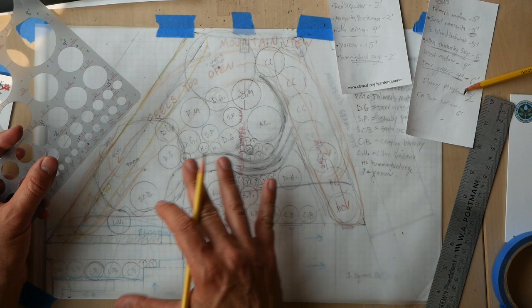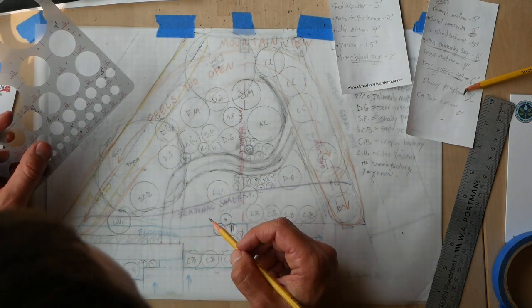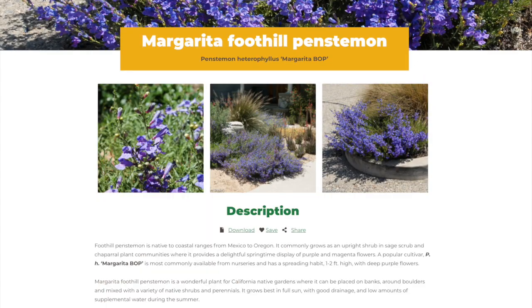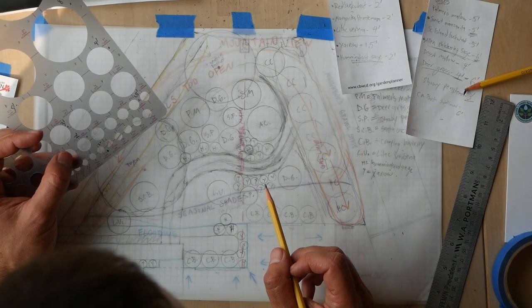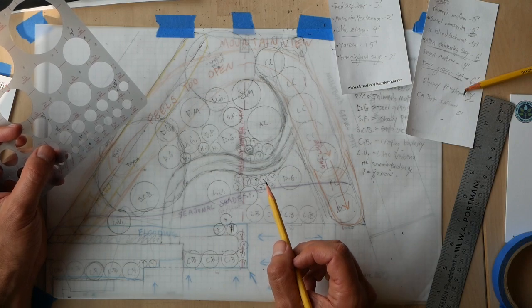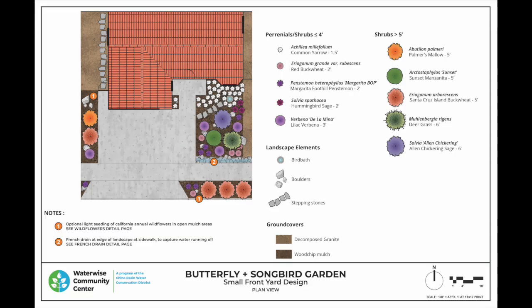We'll infill more of this, but let's get some of our other plant diversity going as well. So we have red buckwheat and margarita bop penstemon, and both of those can be used well if you look through the examples. Sometimes in the examples and the templates we use them in groups of 3, which creates a little bit bigger of a visual impact.